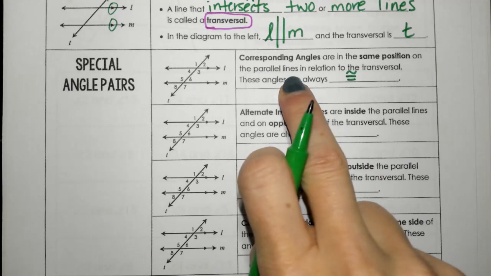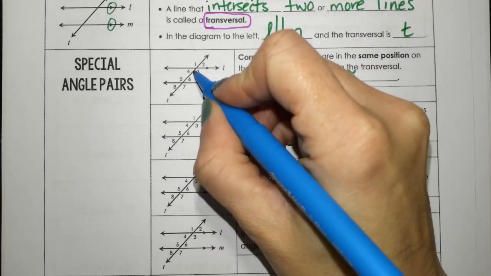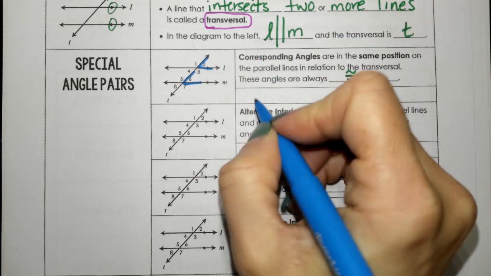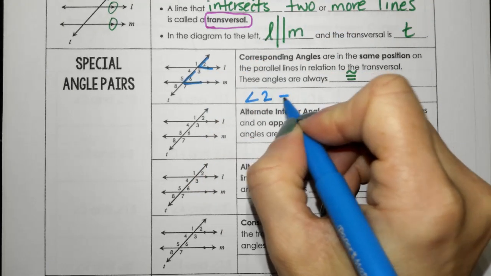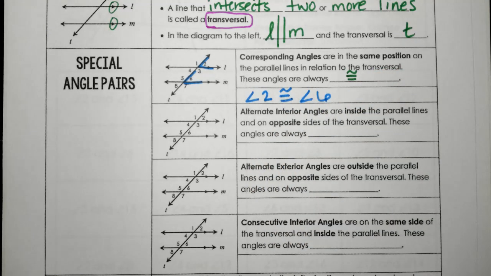So let's find a pair of corresponding angles here. So they're in the exact same position on the transversal. So I'm going to do 2 corresponding angles and I'm going to trace them in blue. So angle 2 would be congruent to angle 6 because those are corresponding angles.